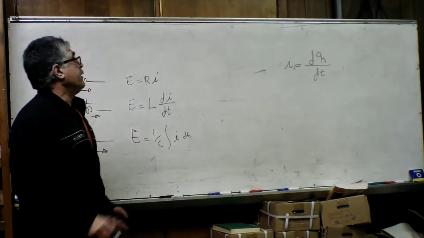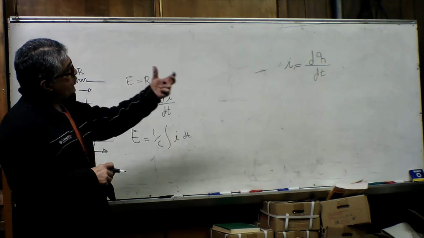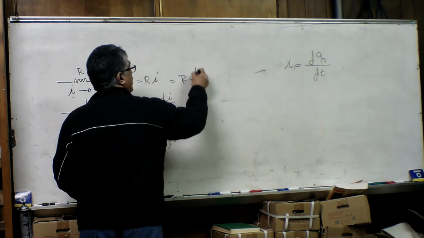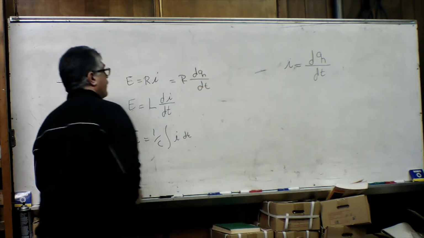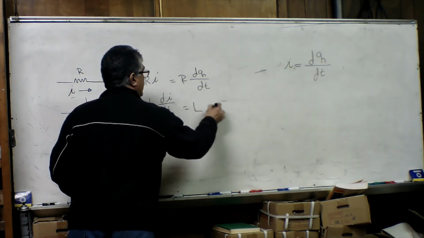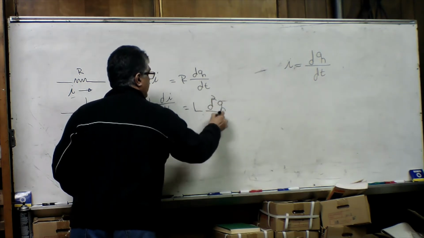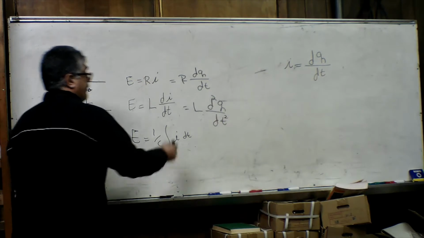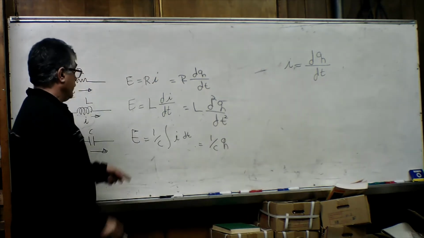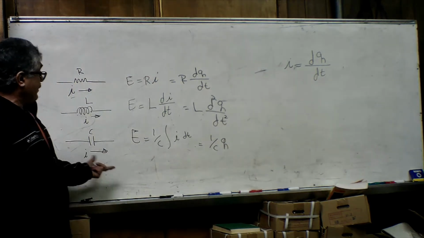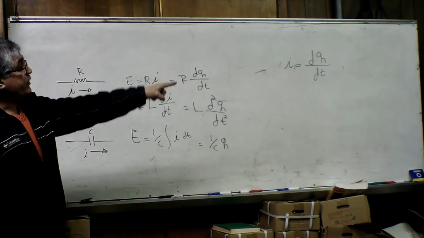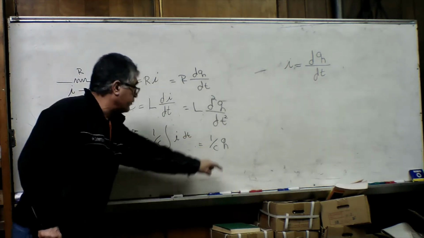So we can write this as R dq dt, and we can write this as L d squared Q over dt squared, and we can write this as 1 over C Q. The voltage across the capacitor is 1 over C, the integration of I, which is dq dt, and the integration of dq dt is Q.